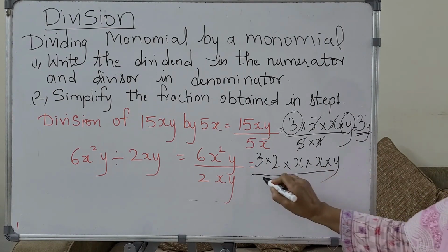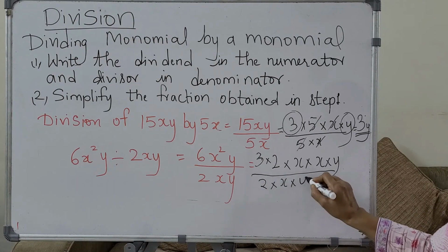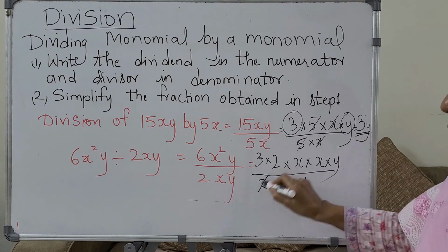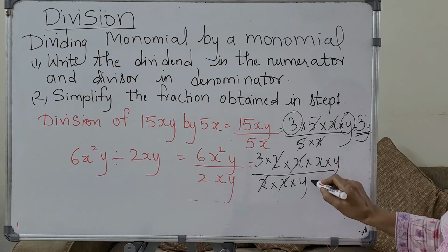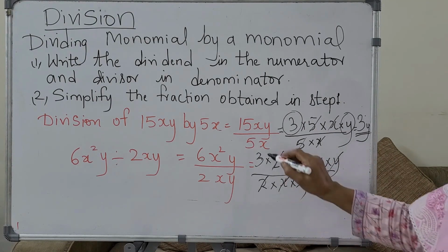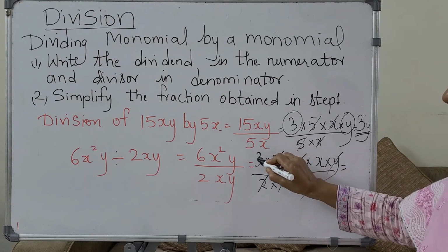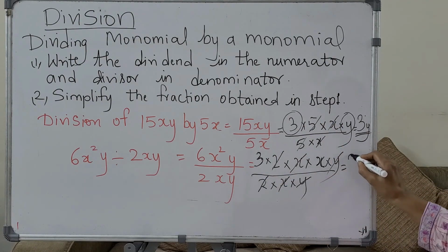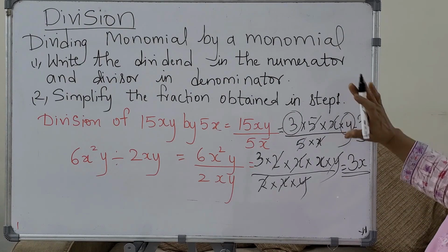Now 2 into x into y. Now what I can cancel is 2 I can cancel, x I can cancel, y I can cancel. So what is remaining is 3x. 3 is remaining, x is remaining. So what is the answer? 3x is the answer.